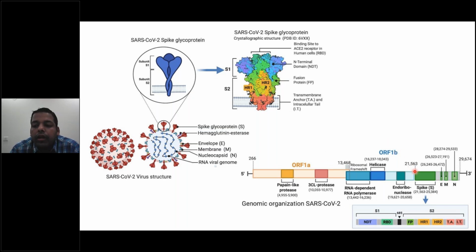From the 21,563rd nucleotide from the 5' end is the region that encodes for the spike protein. This region in the genome has been of major importance in developing vaccines, because this is the region that develops the spike protein.